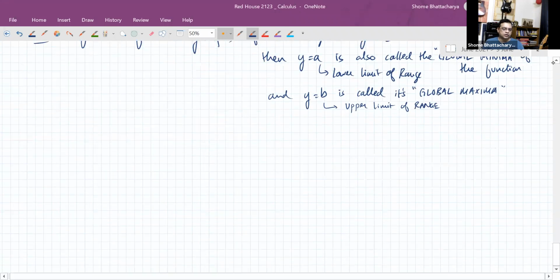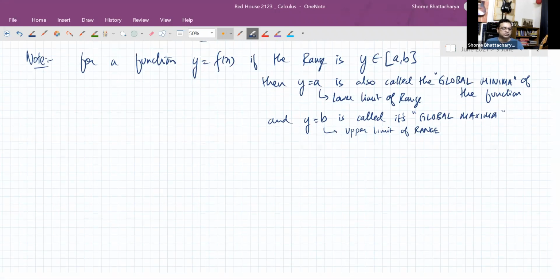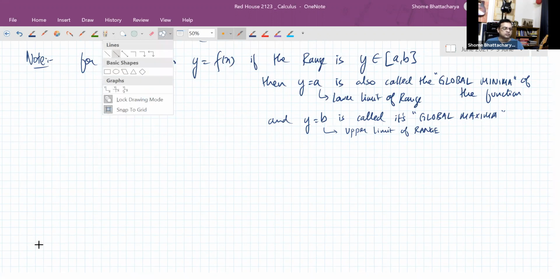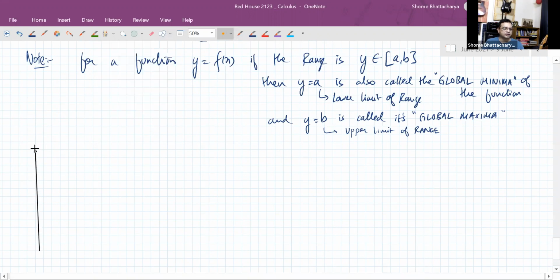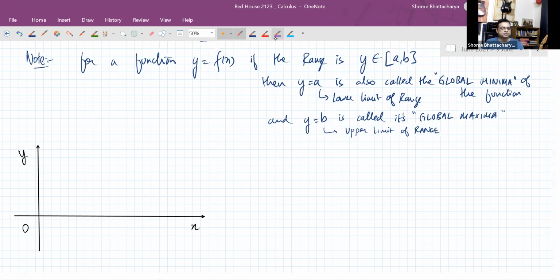Now apart from global maxima and minima, we will also see something called local maxima and minima. And to understand that, we will first visualize some of the common graphs. So let's start with a hypothetical graph, just one that I'm drawing for an imaginary function, a function that I've not given in terms of a formula.